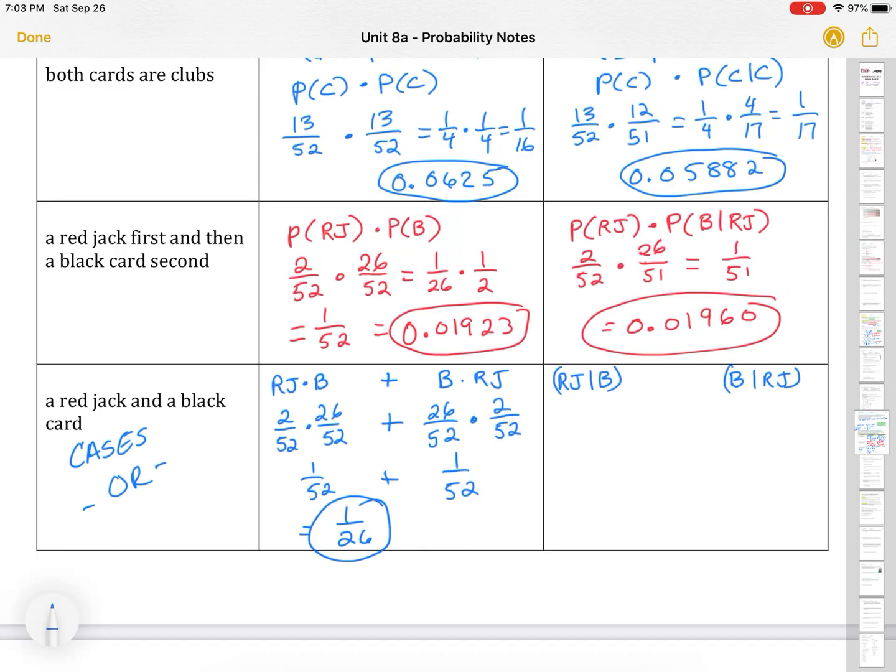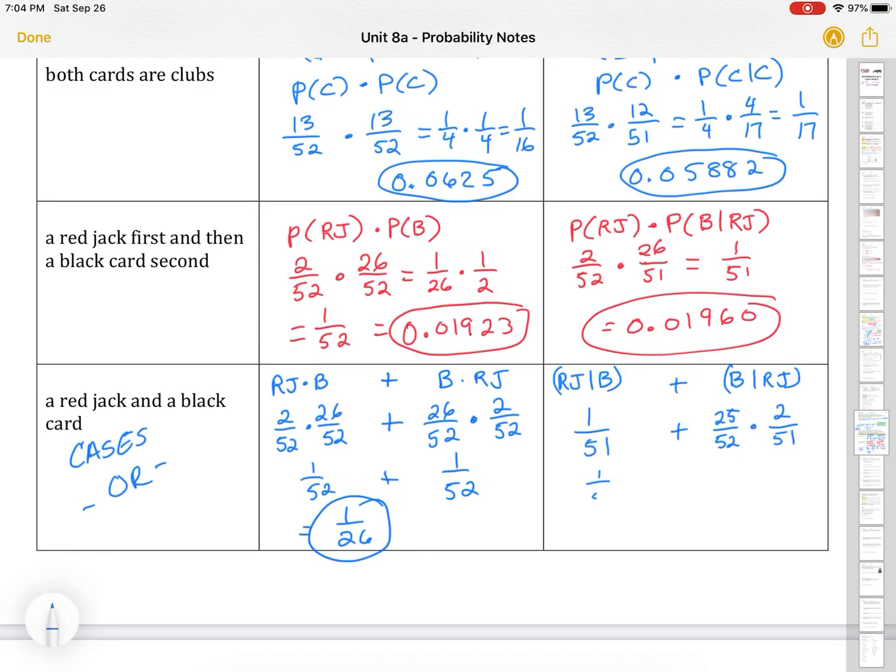Now let's see what happens with the other circumstance. Here, if we have RJ and then black, or we have black and then RJ. Or black if RJ already happened, RJ if black already happened. So for our first example, we know it's going to be 1 over 51.